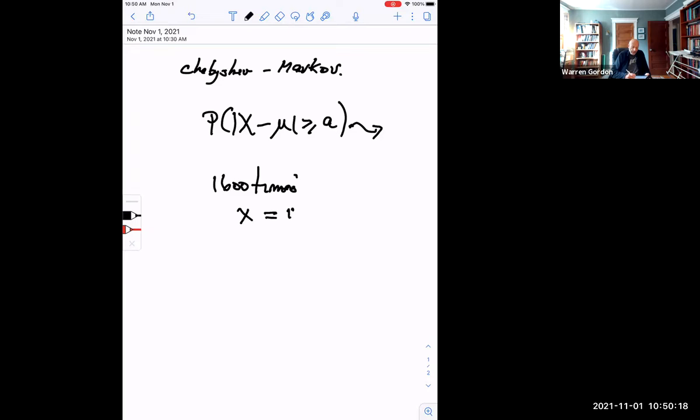We're told the expected number of heads is 800 with standard deviation equal to 20. By the way, in case you need it, sigma squared of X will be 400.